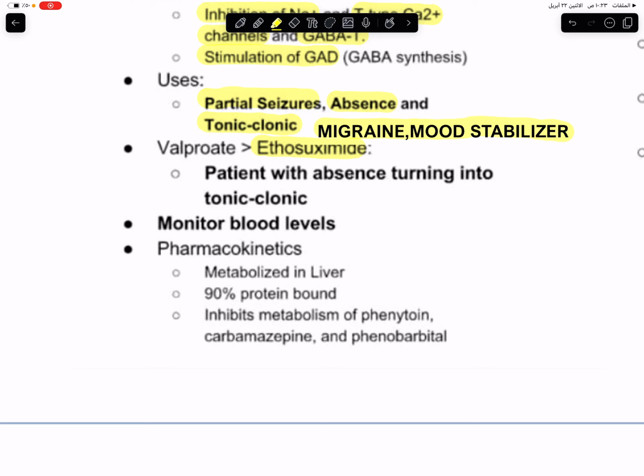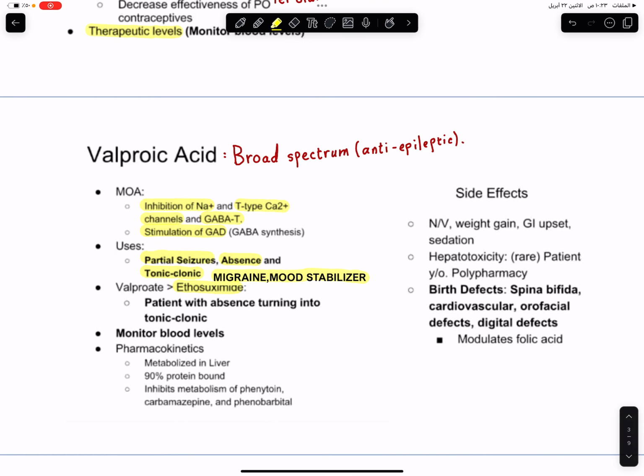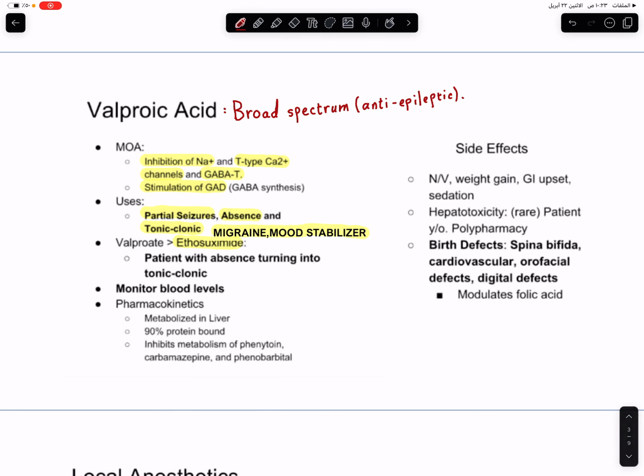Okay? Again, monitor blood levels. This is done in ideal situations like in the United States or in European countries. Things are getting better here also, but still it is very difficult to ask the patient to come every 6 months to check their valproic acid, who cares? But still, we do it where the seizures are not controlled.